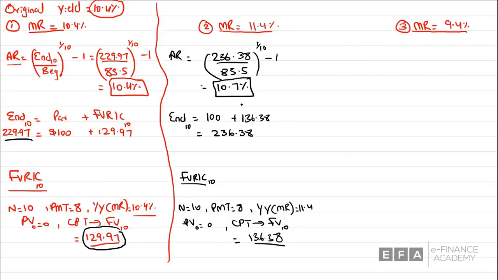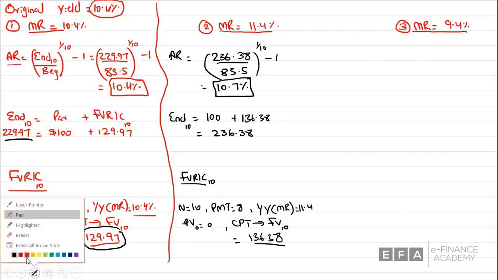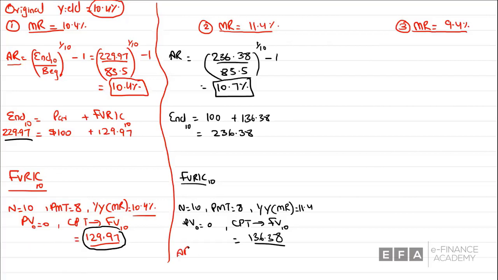As you can see, this is more than the original yield. So the actual return of the investor is more than the original yield. And what's the reason for this for the long-term investor? What's the reason that the long-term investor's actual return is more than the original yield? Because the market rate was higher.